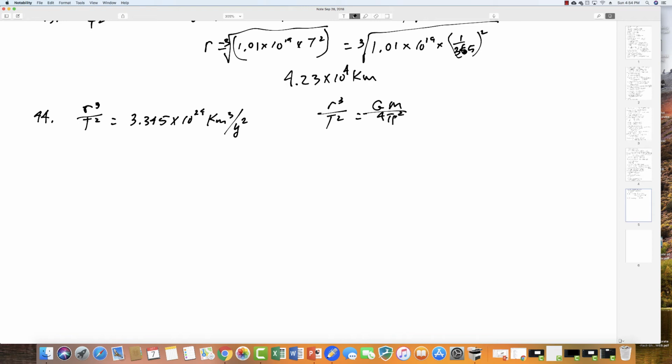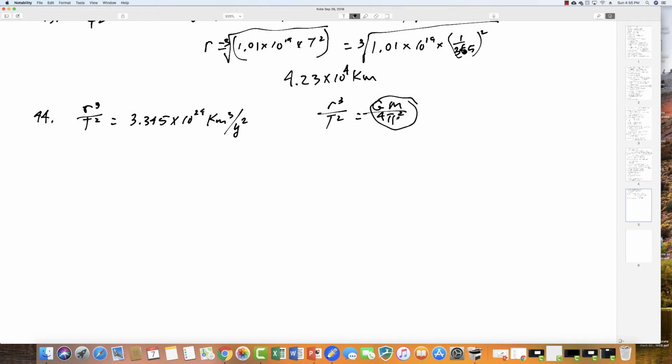Now, in order to use this formula, you have to realize that G here is in newtons, meters and seconds. And so the numbers you get out, you see this is kilometers and years, so you have to convert this from kilometers and years to meters and seconds, and I'll show you how to do that in just a second. So that means that this number is going to be equal to this.